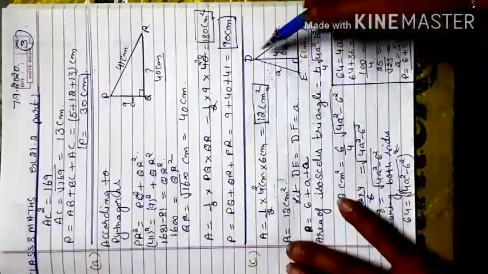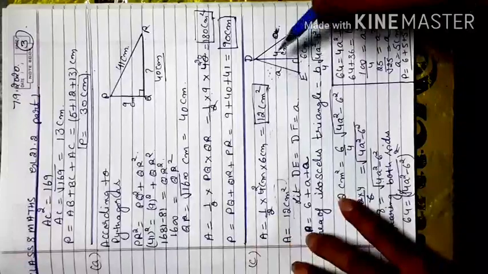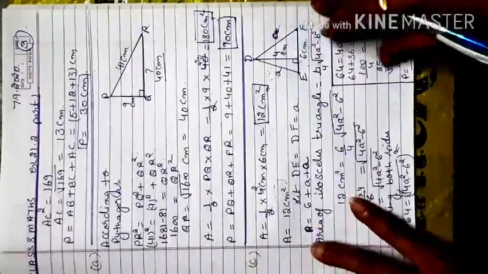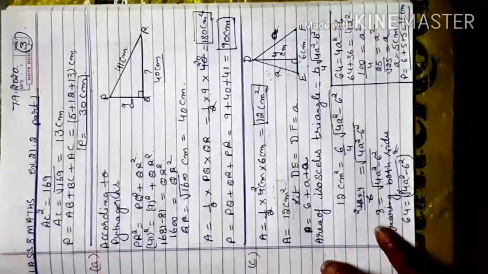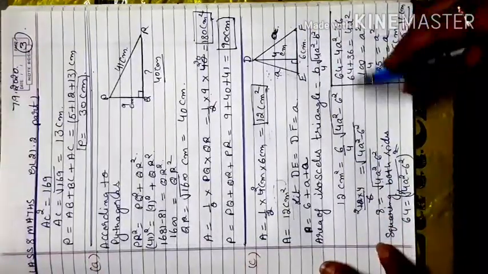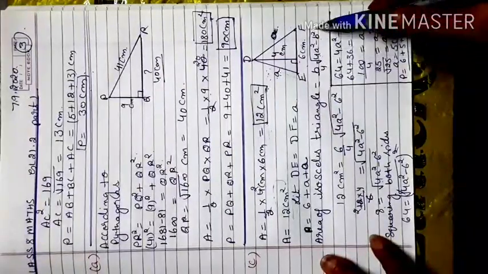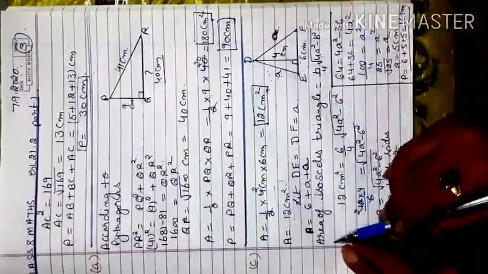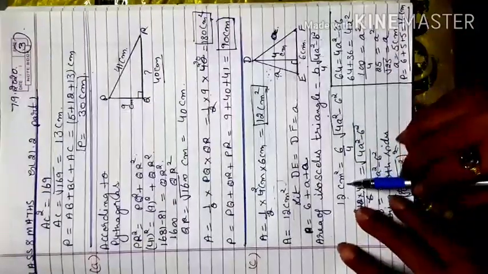I use this area in the actual formula of the area of an isosceles triangle to find the missing value of these equal sides. So the area of an isosceles triangle is b by 4 times the square root of 4a square minus b square. I already found the area of the isosceles triangle, that is 24 centimeter square.